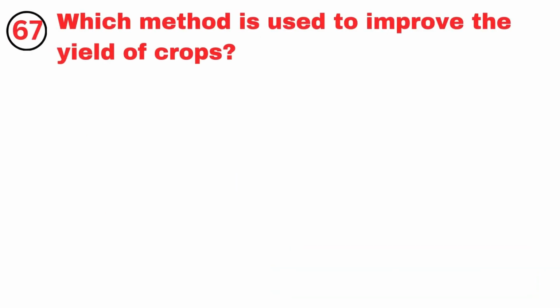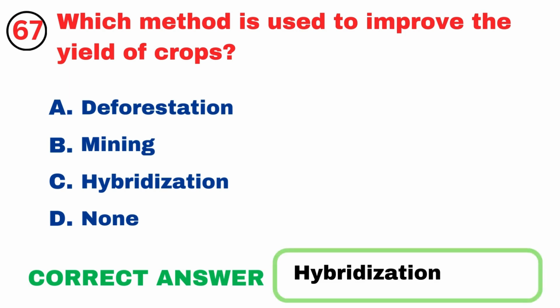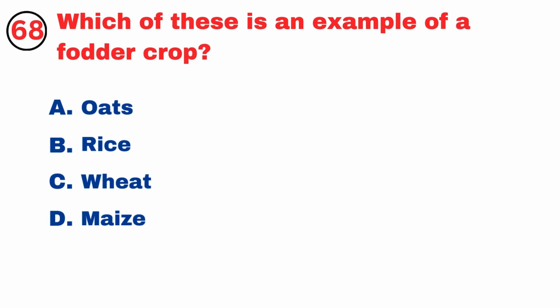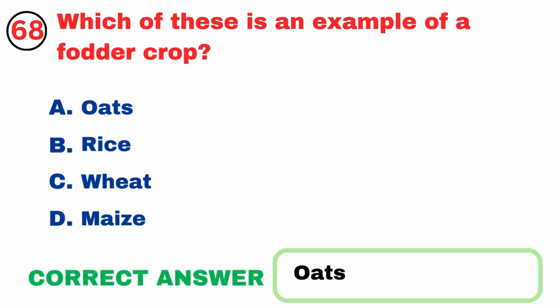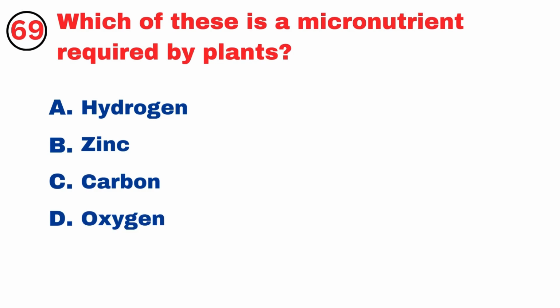Which method is used to improve the yield of crops? Hybridization. Which of these is an example of a fodder crop? Oats. Which of these is a micronutrient required by plants?